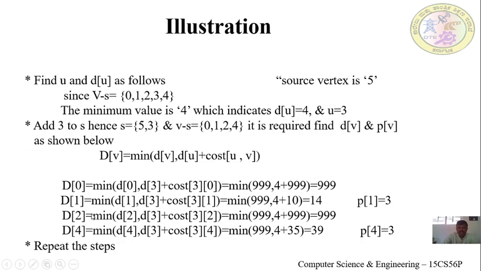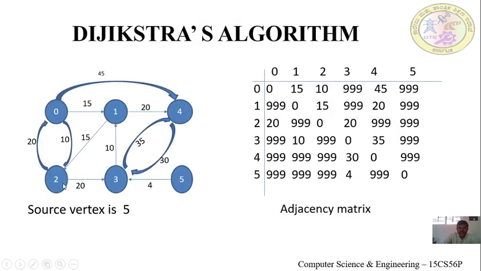So similarly, repeating the steps after adding this 3 into the visited vertices, find the remaining vertices. So the distance of 1 to 2 is 14 plus 15, 29, and then 14 plus 20 is 34. Then 2 is the next node we are going to select, then find the distance of the other nodes similarly.